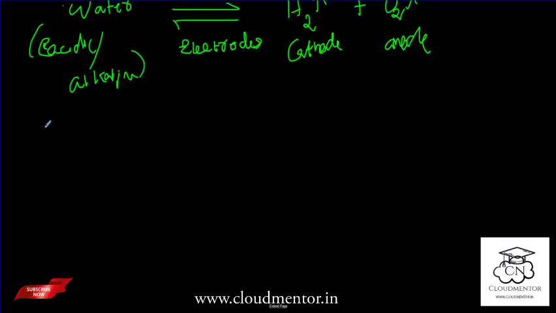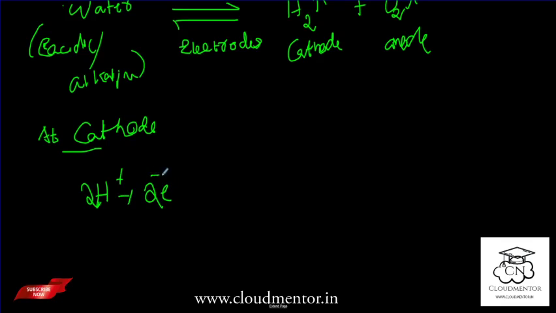At the cathode, hydrogen gas is liberated due to the discharge of H+ ions, that is 2H+ plus 2 electrons. It's a reduction giving 2H, and that comes as hydrogen gas.